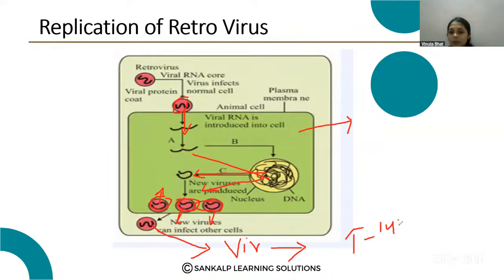T lymphocytes are the main important part of the immune system in our body. They help the B lymphocytes, which produce antibodies against viruses and bacteria that enter our body. B lymphocytes can produce antibodies only with the help of T lymphocytes.